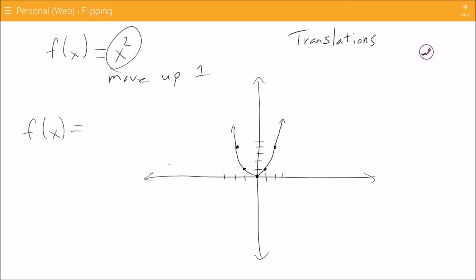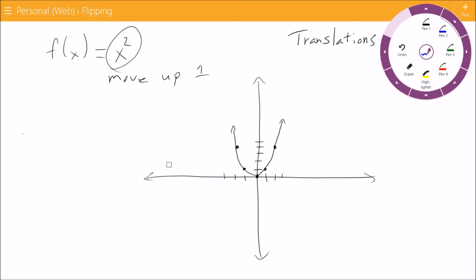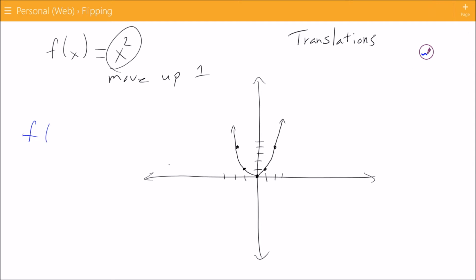Let me do this in blue to make it stand out. f of x is going to equal the original x squared, and then I add a 1.